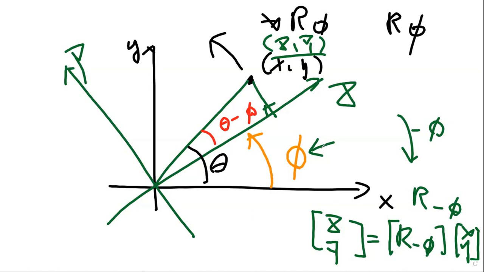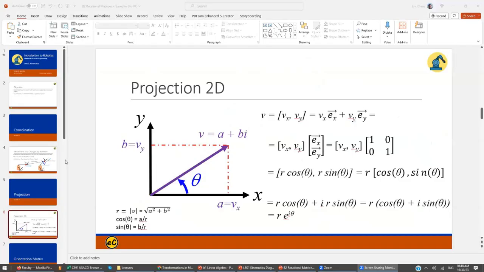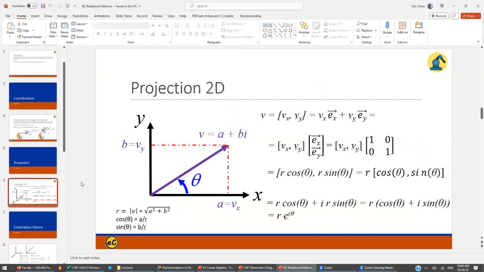The math is similar, but the angle would be just the opposite. You know what I'm saying? Is that okay? Yes, Doc. The math is similar, just the angle is opposite. If you have that kind of understanding, it will help you to understand this better.